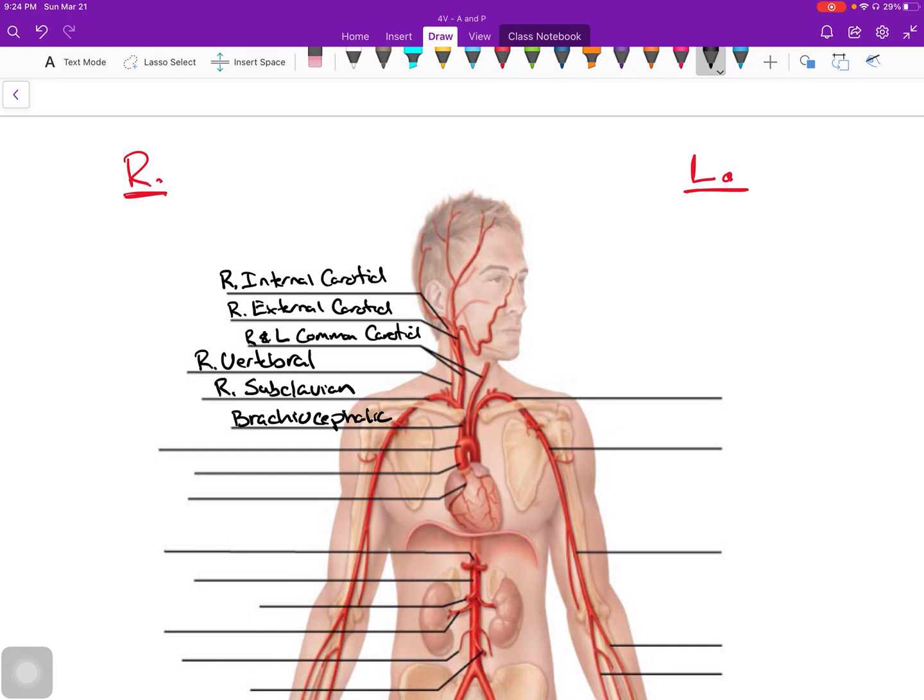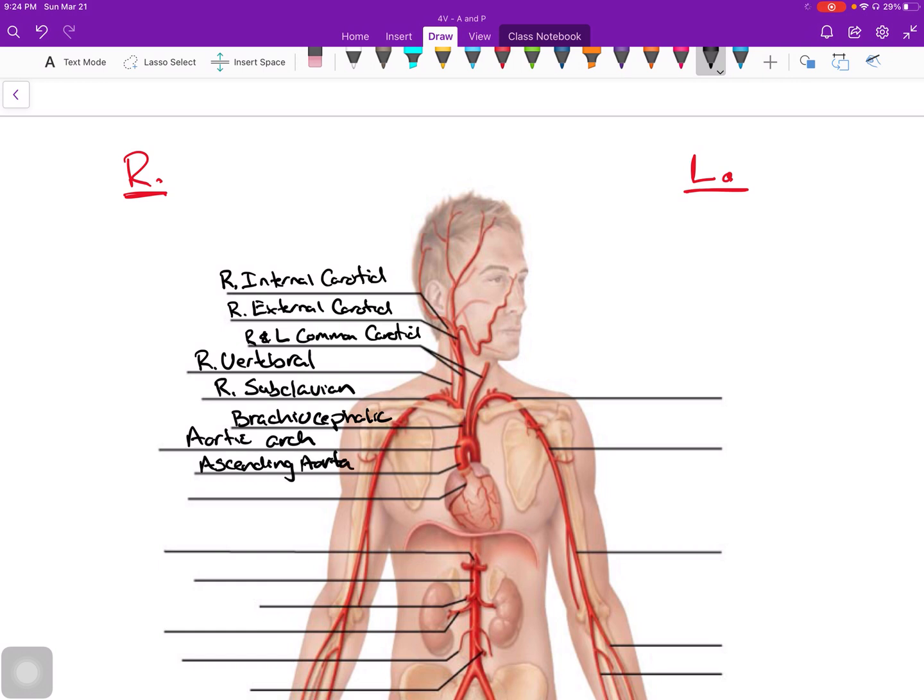Now, right immediately below that, you have what is known as the aortic arch. And then we have the ascending aorta, because it is coming up out of the left ventricle.